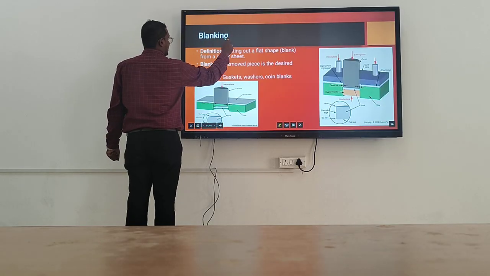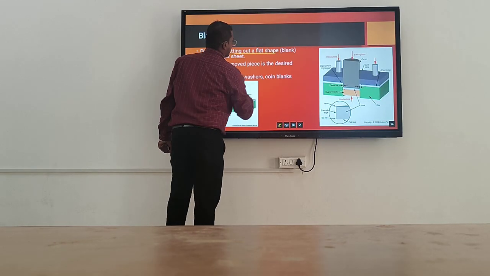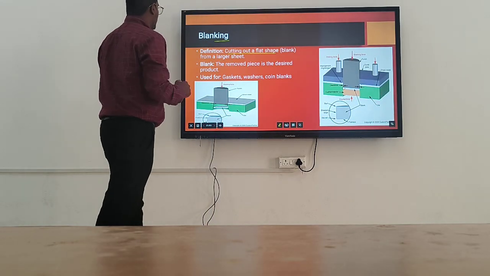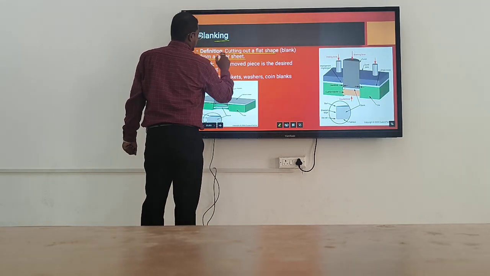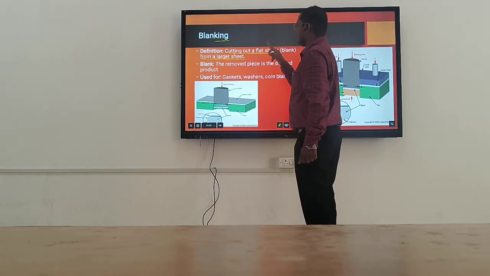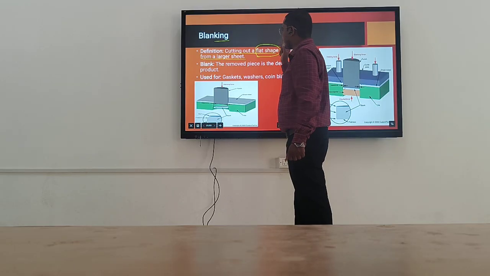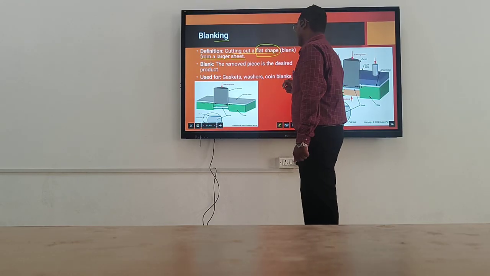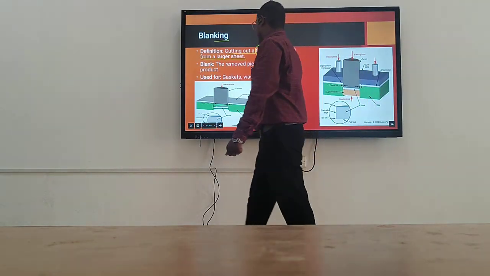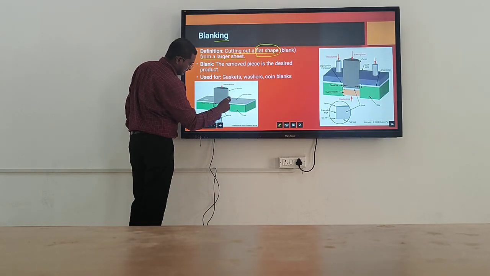Next one is the blanking process. In blanking, we take parts from a large sheet. Suppose here you have a diagram. There is a sheet.